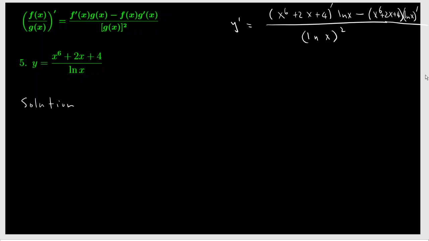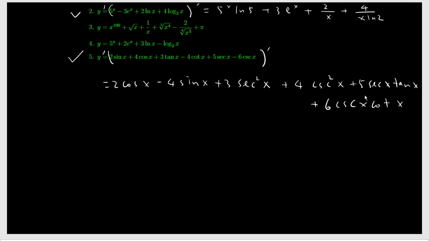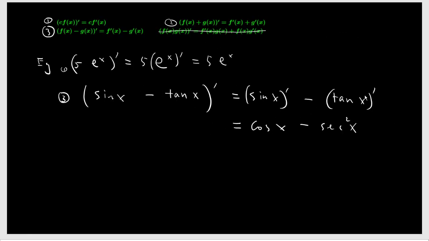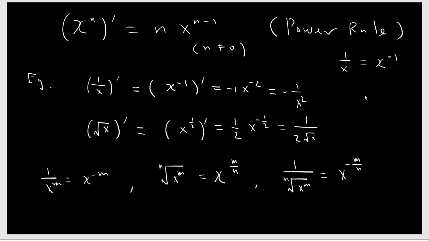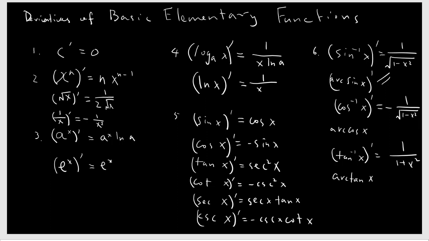Okay, we're almost ready to get the final answer. Actually, in the basic formulas, can I add one more formula? You can treat the next one as a special case of the power rule, but I want to add one more in here. Anybody want to tell me the derivative of x?